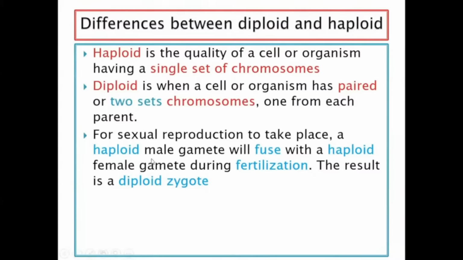When you say a haploid male gamete, it has half of the chromosome number from the male. If the male is 46, the sperm is going to have 23 chromosomes. It will fuse with the haploid number from the female. The female is also going to produce 23. When they fuse together, that process is called fertilization.